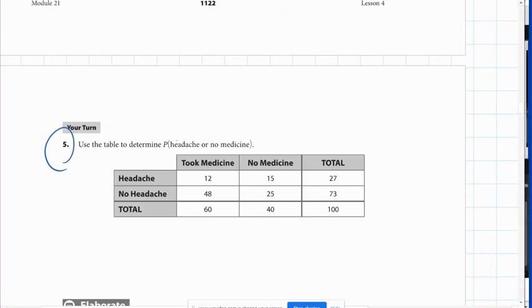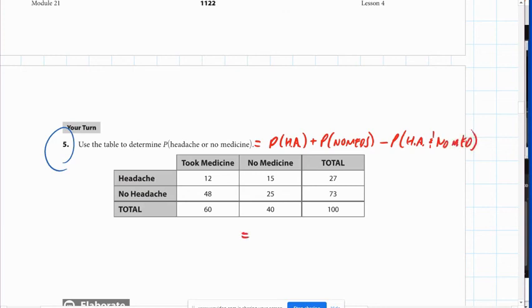So to find the probability of headache or no medicine, we want the probability of headache plus the probability of no medicine minus the probability of headache and no medicine.